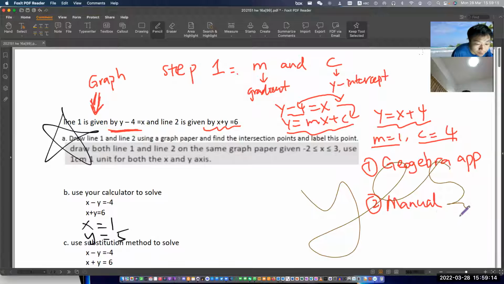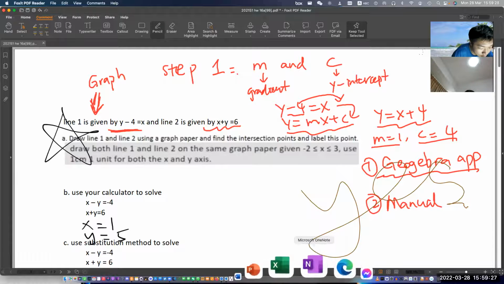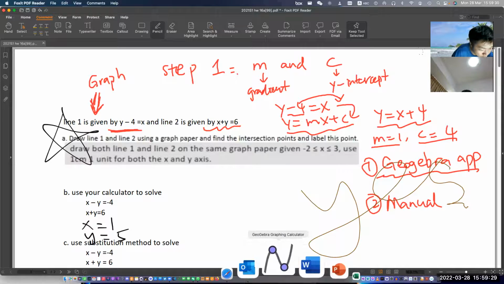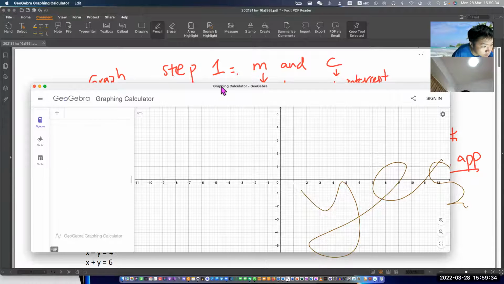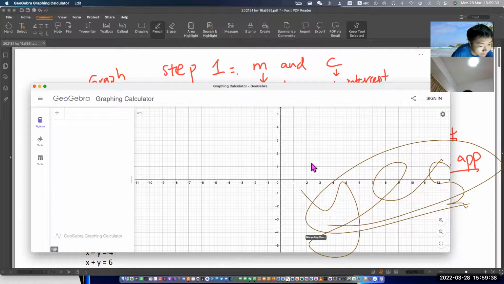Okay, manual. So I think you have no problem graphing this line out using the GeoGebra app, right? So let me just launch this GeoGebra app. Can you see the GeoGebra app interface, which is here? Okay, good.